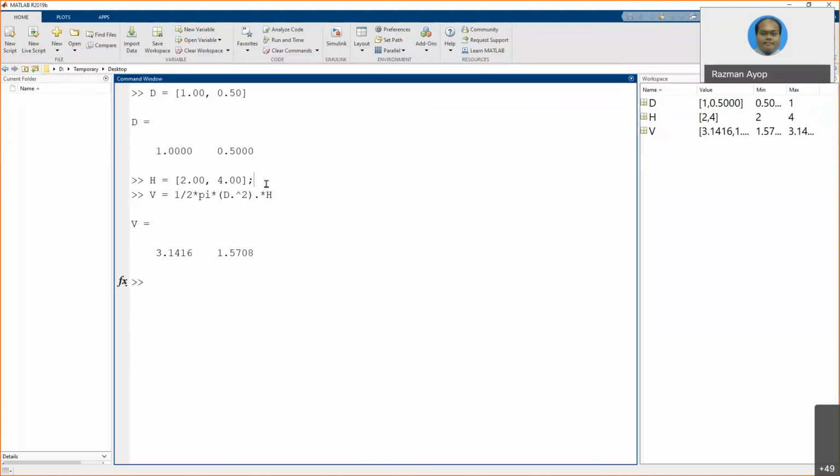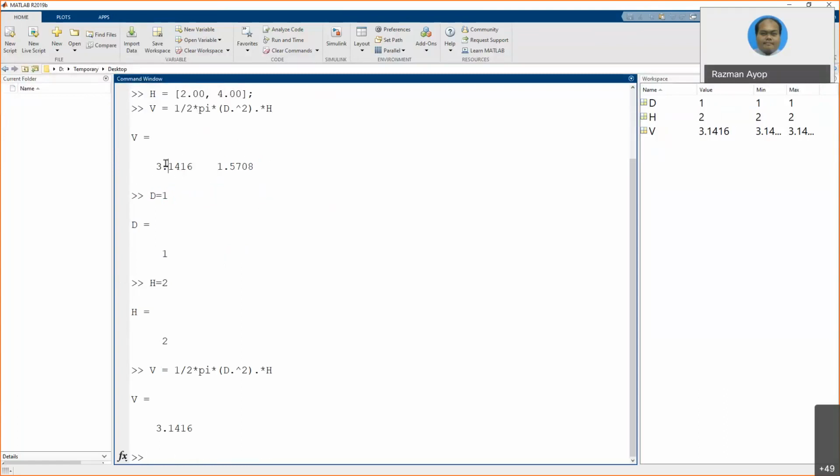Wait, something is wrong. So D equals 1, hash equals 2. So you just use the formula here. Okay, you see, you get the same answer.